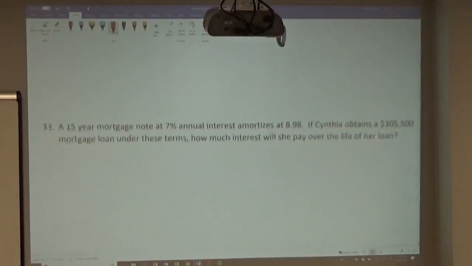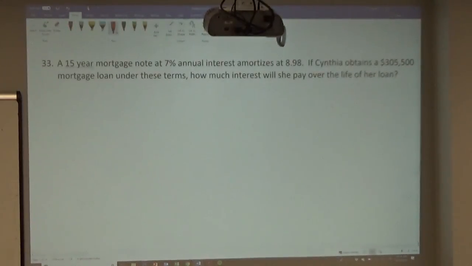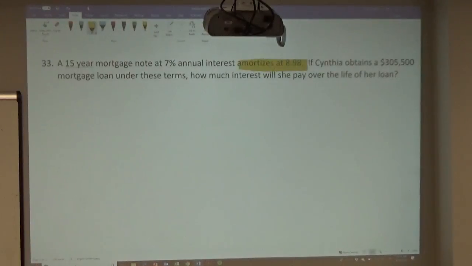Number 33, a 15-year mortgage note at 7% annual interest amortizes at $8.98. So in this case, they didn't tell us to go to the chart, they just gave us the number. That's the same thing. They gave us the number from the chart on page 449. If Cynthia obtains a $305,500 mortgage loan under these terms, how much interest will she pay over the life of her loan?